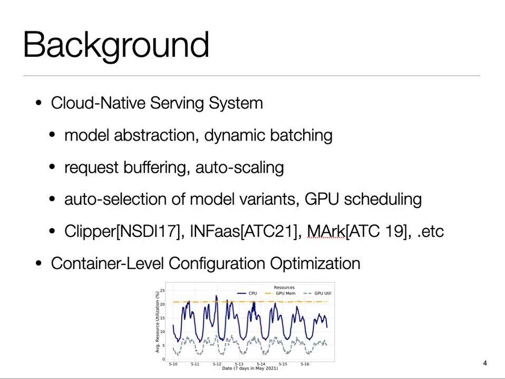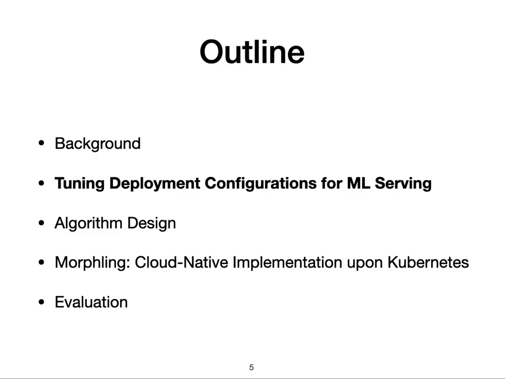For example, in this picture, nearly 80% of the CPU cores are not used. In light of these problems, our goal in this work is to design an efficient approach that can quickly find the optimal configuration for inference services.